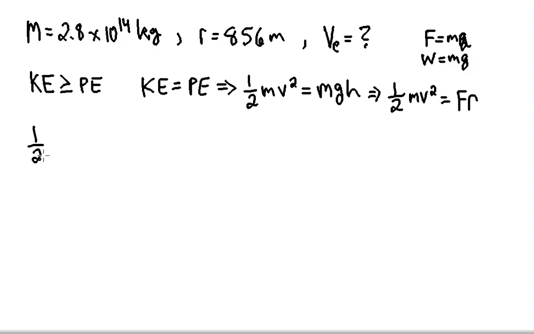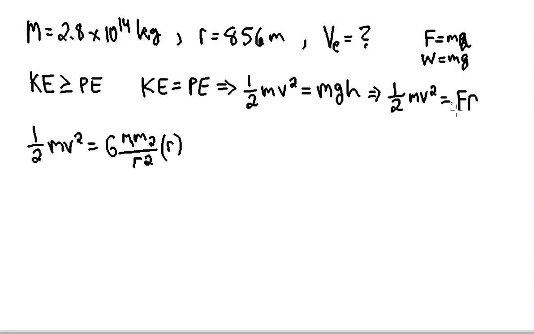So I'm going to make one more substitution here, and that is for force. The force is not just equal to mass times acceleration, or mass times gravitational acceleration. It's equal to Newton's gravitational constant multiplied by the product of the masses divided by the radius squared, and then I'm multiplying that by the radius.